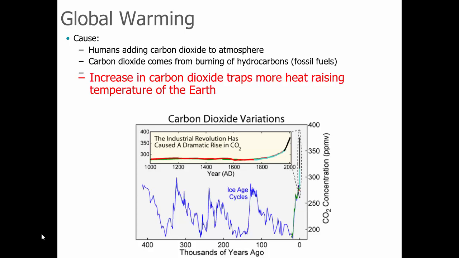If you see a couple graphs here, this is just since the year 1000, we see the amount of carbon dioxide in the atmosphere, and we see what's happened in recent times around the Industrial Revolution. And yes, carbon dioxide cycles over long periods of time. This is a long period of time, 400,000 years ago. It goes through cycles.